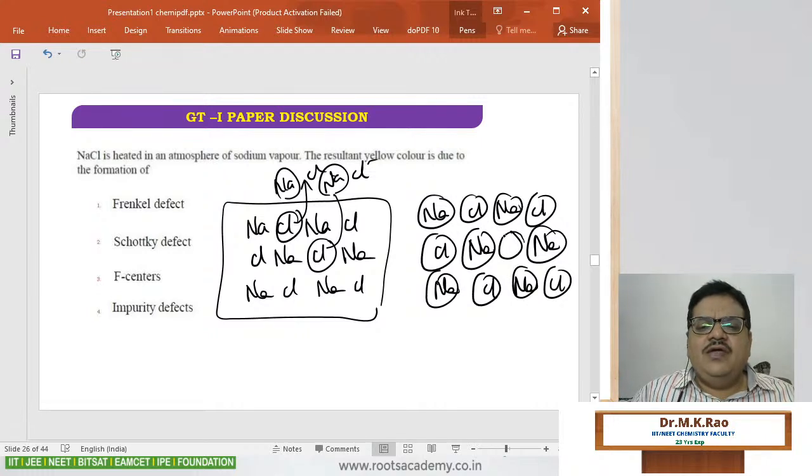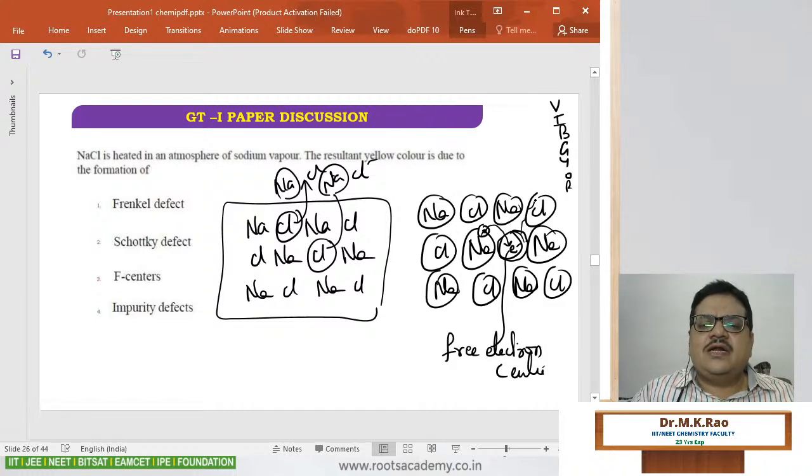Now there is a vacancy. Into this vacancy electrons are entering, so it is called a free electron center. This electron absorbs one of the colors among violet, indigo, blue, green, yellow, orange, red, and transmits the opposite color.